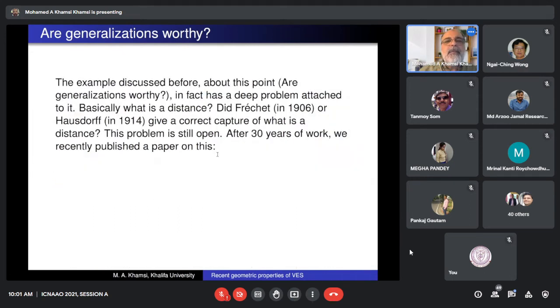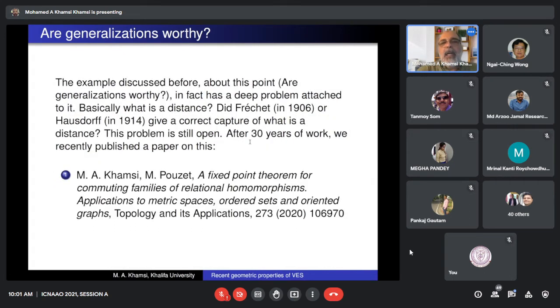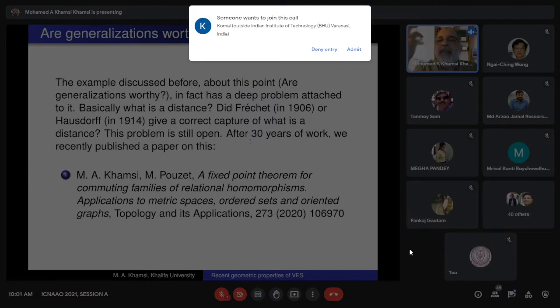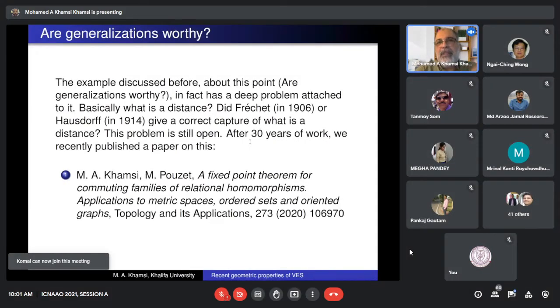Okay? So here, 30 years of work with Maurice Puiset from Lyon. And we finally had a paper that we had a major problem publishing, I'll be honest with you, in the sense that it's extremely hard to read. And at the end, when it was accepted, the editor-in-chief asked us to cut the length of that paper.